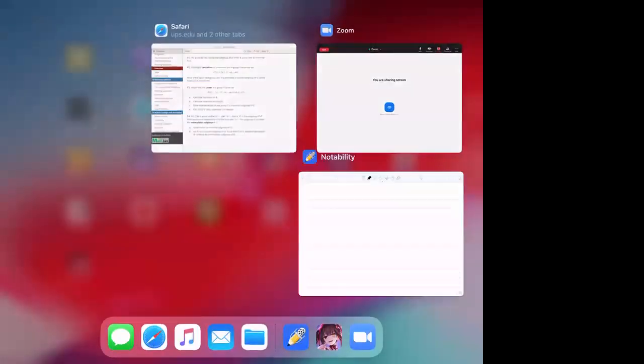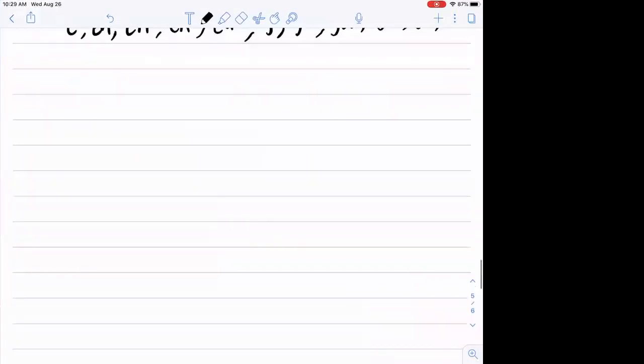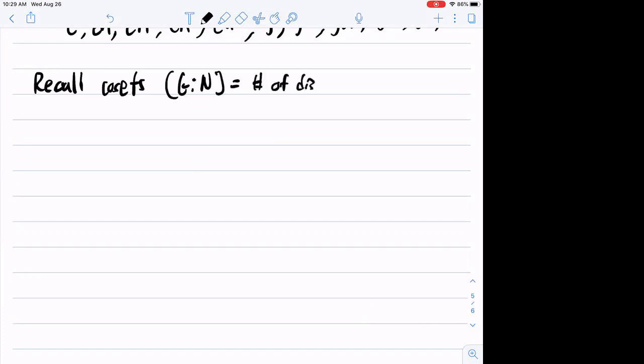Okay, so recall cosets. G mod N is the number of distinct left cosets of N in G. I forgot the English word for that, but it's something like this.